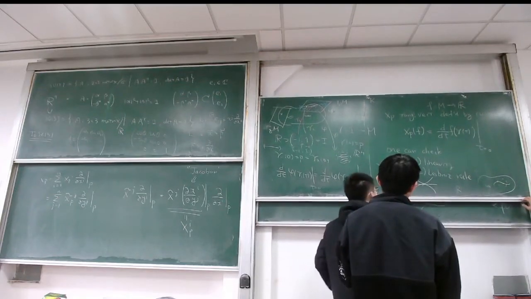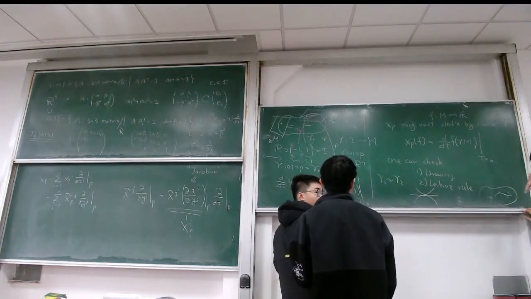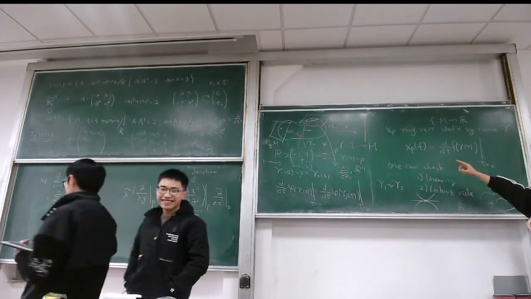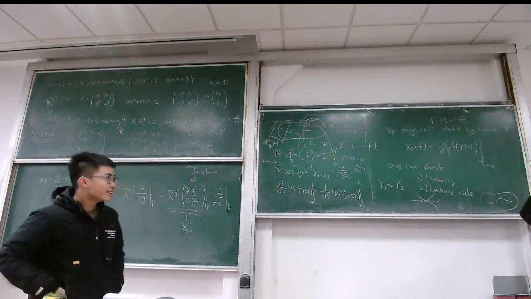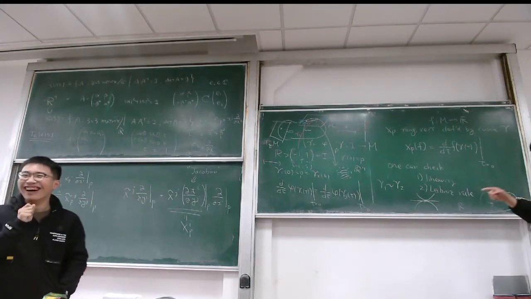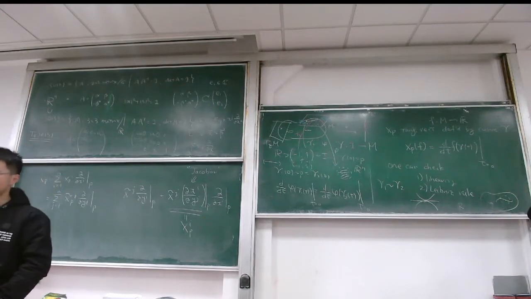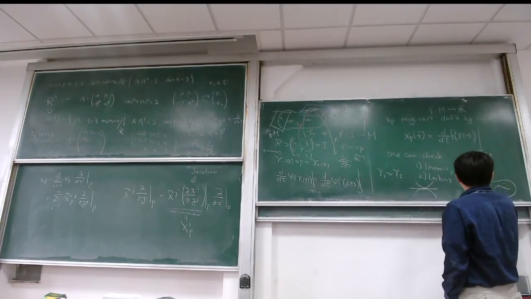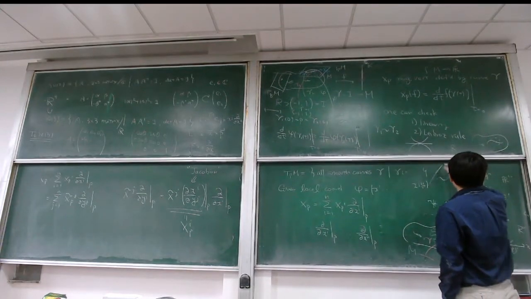Because it is this tangent plane, the set of vectors, the tangent space, the set of tangent vectors. That's also another way to do it. Set of curves divided by the equivalence.